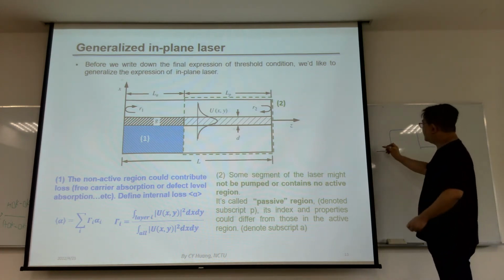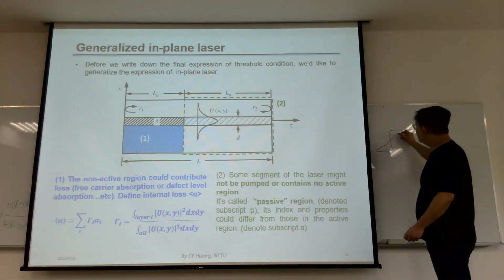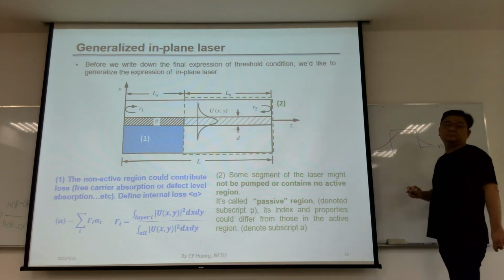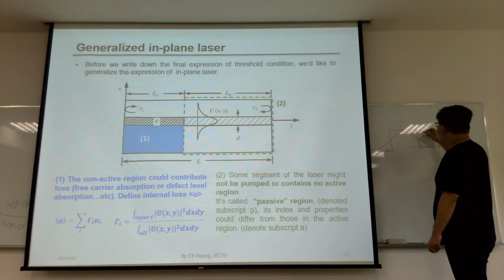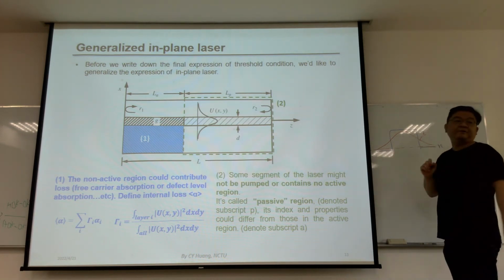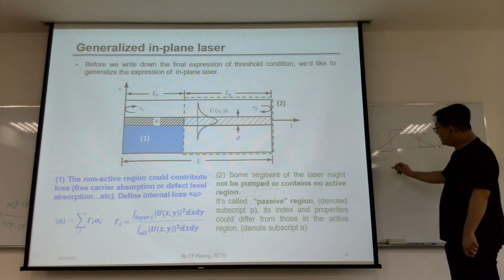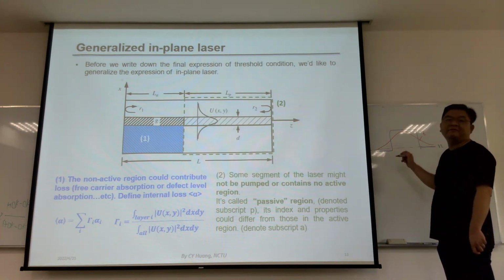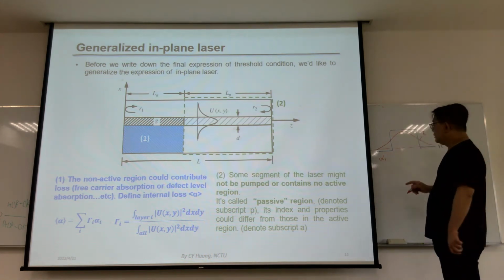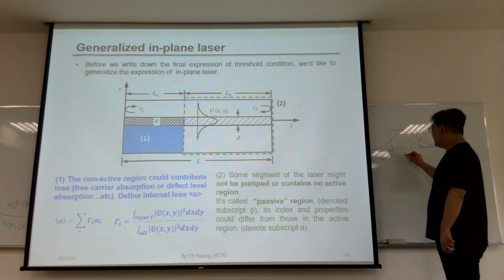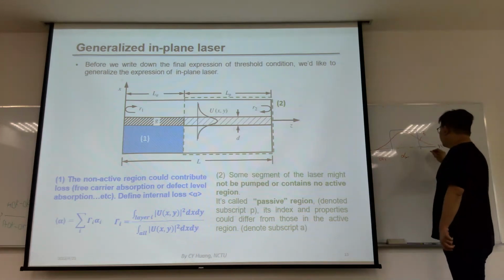After some calculation, probably the fundamental mode looks like this. This is the electric field. Then this layer might have an absorption value, for example this might be alpha 1, this layer might be alpha 2, and this layer might be alpha 3.